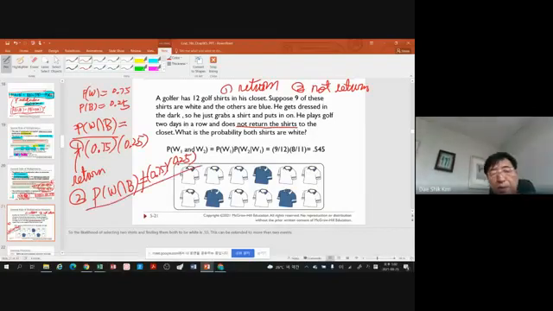Can any student explain why it is not equal to this one? In the first case, with return, there are a total of 12 shirts. Among 12, 3 are blue and 9 are white. The same thing. But if he does not return, it will be different. Let's assume he used white on the first day. The total number of shirts will reduce to 11, not 12.